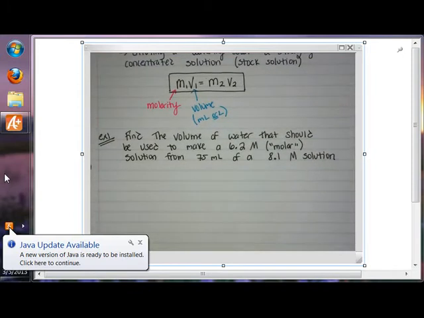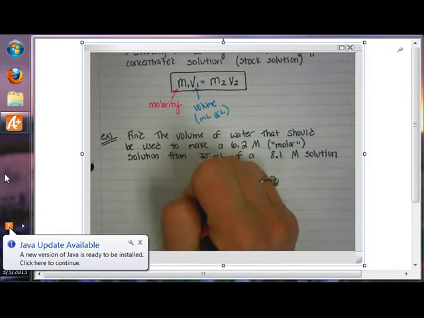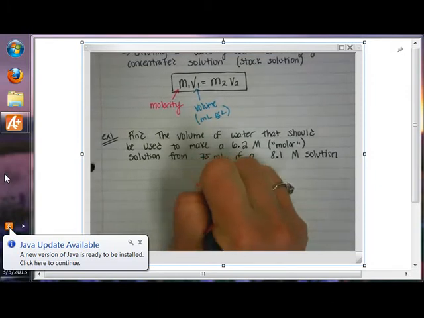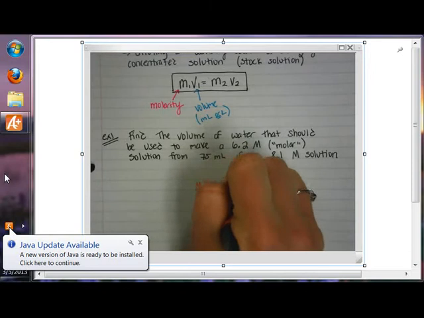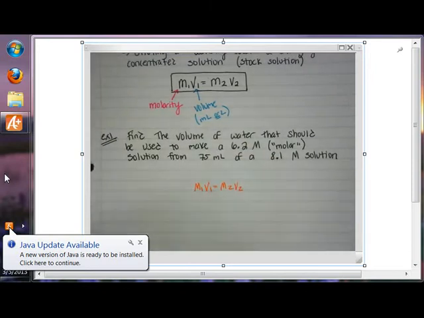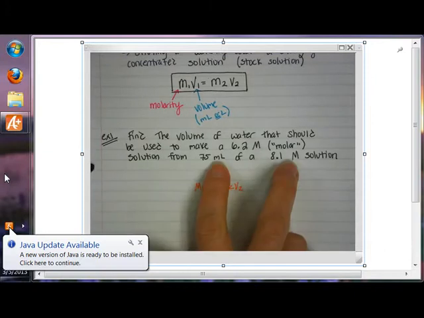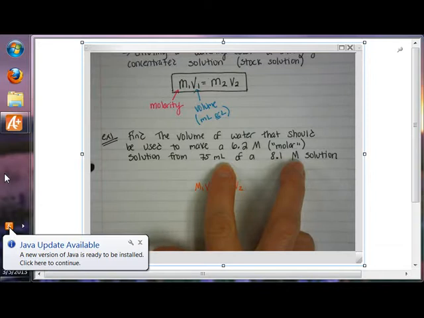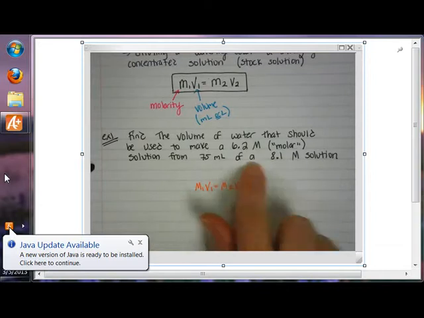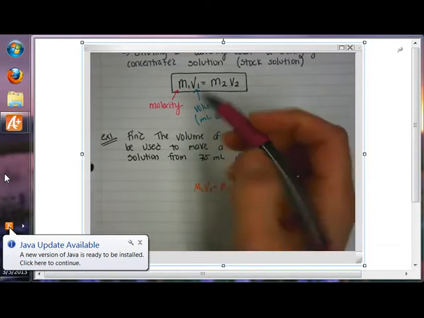So how we attack these problems is, first of all, we are going to be using this equation, M1V1 equals M2V2. And this is my little trick. I look for the two numbers that are next to each other, the volume and the molarity. When it says liters of, I'm looking for this of.